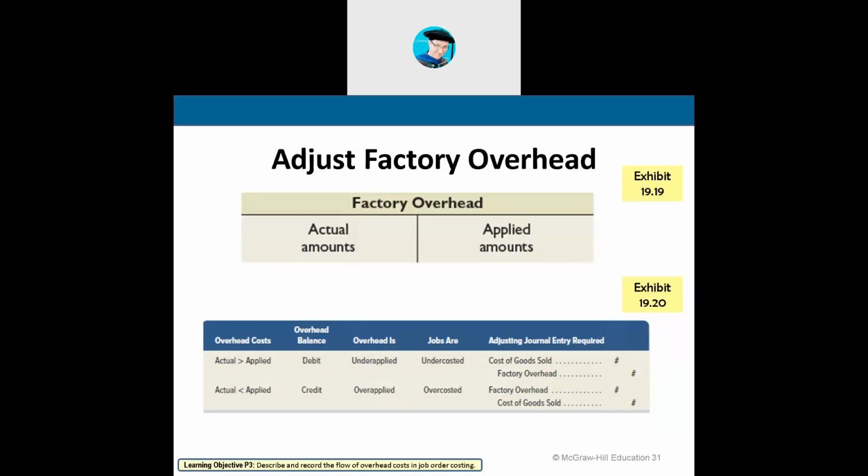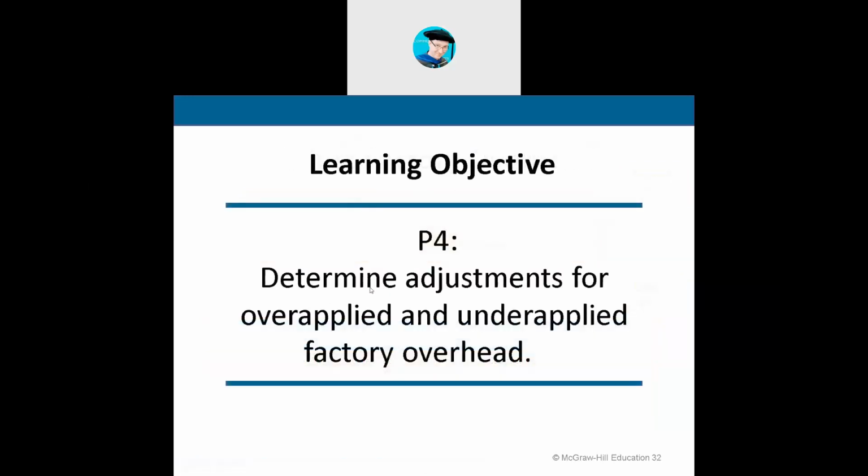If the actual overhead costs are less than the applied factory overhead, we call this over-applied, in which case we need to debit factory overhead, reduce factory overhead, and credit cost of goods sold to reduce cost of goods sold. Those are the adjusting entries that we would make at the end of the accounting period for either case.